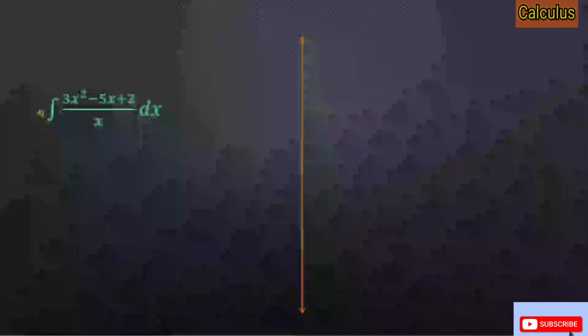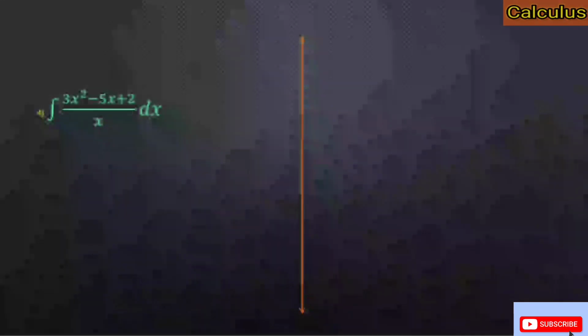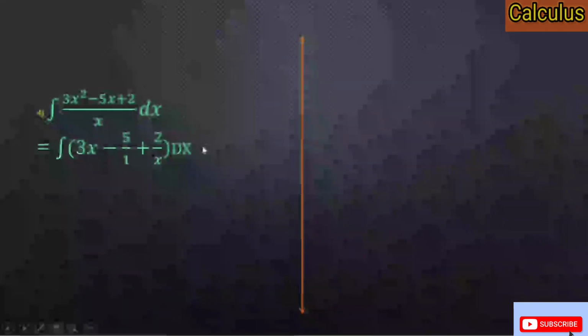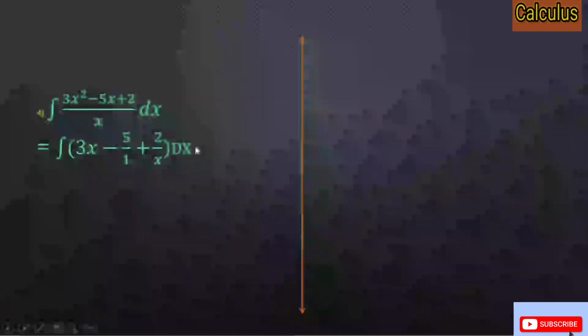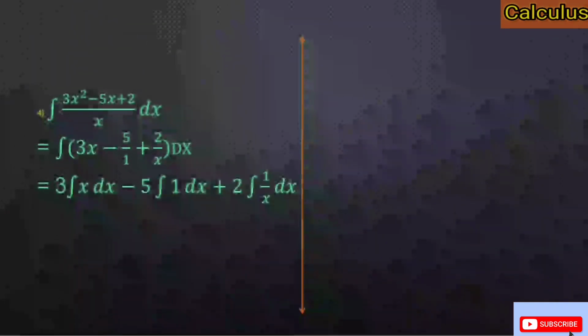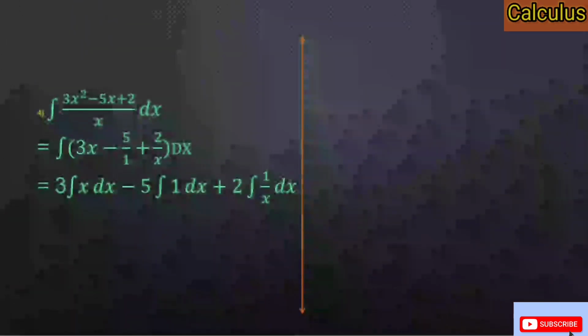Question number 4, we have integration of 3x square minus 5x plus 2 upon x dx. You can just divide with the denominator, that is divide by x, then you will get integration of 3x minus 5 plus 2 by x dx. Then just separate the integration sign, that becomes 3 integration x dx minus 5 integration dx plus 2 integration 1 by x dx.